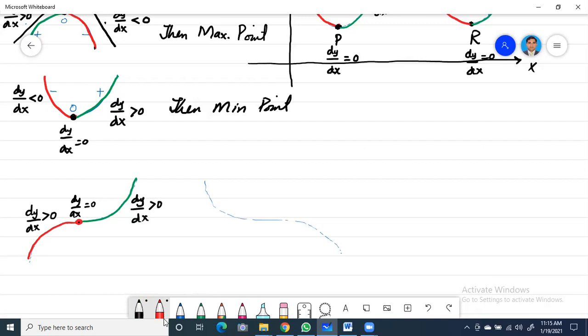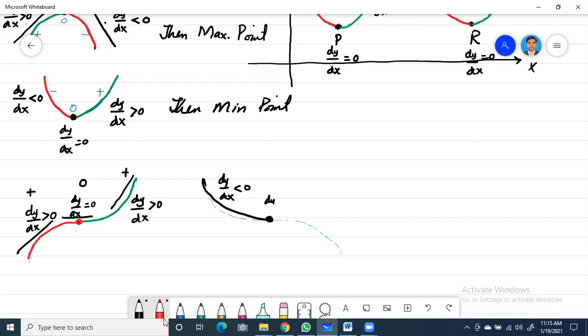If gradient is turning from positive to 0 and then again positive, here this is positive, here 0, then again positive, or gradient is turning, here gradient is negative, it's decreasing downward, dy by dx less than 0.